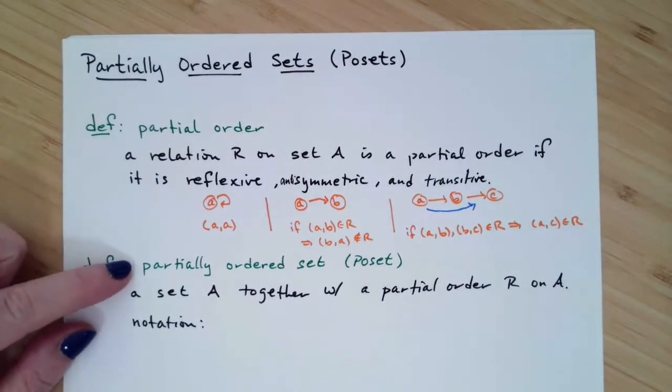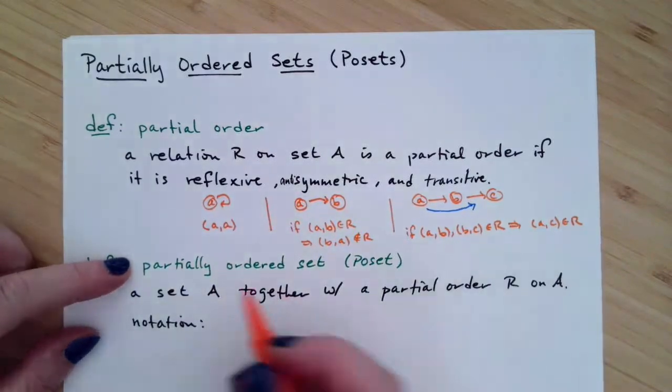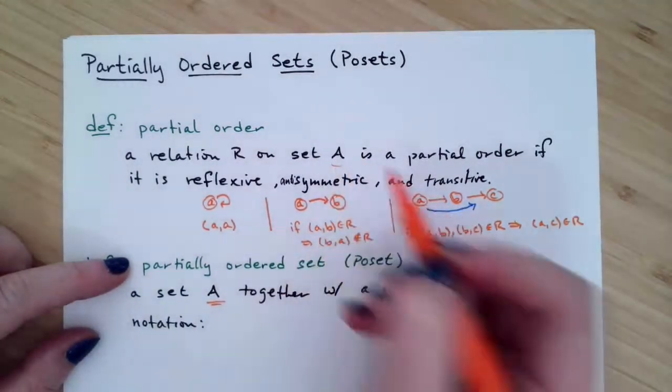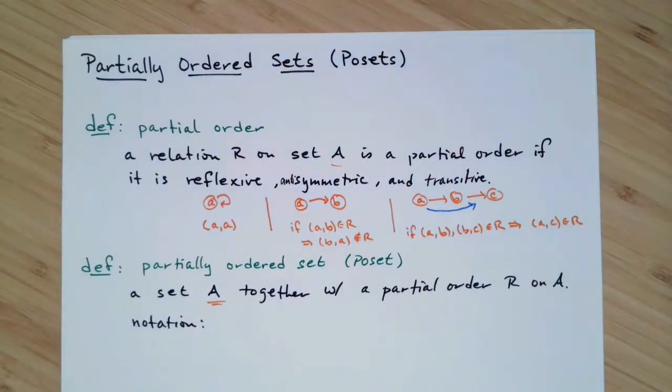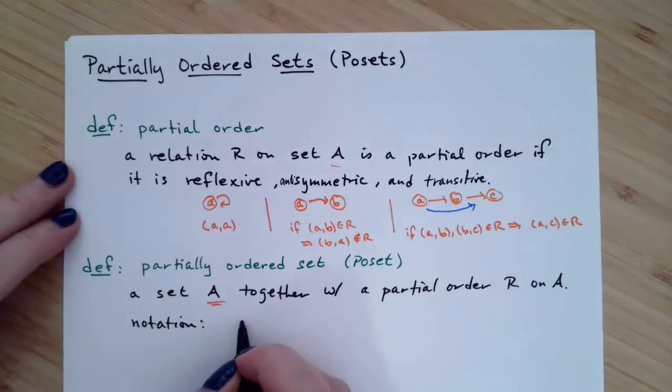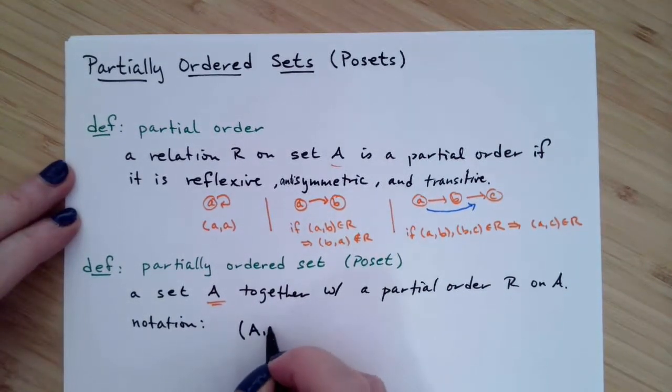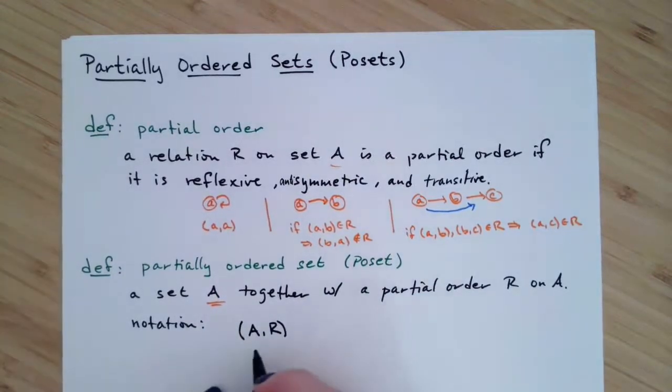A partially ordered set is that building set A with whatever partial order relation corresponds with set A. In terms of notation, we typically indicate both who the set is. So the set here is written first, and then after it, we write whoever the relation is, the name of the relation.